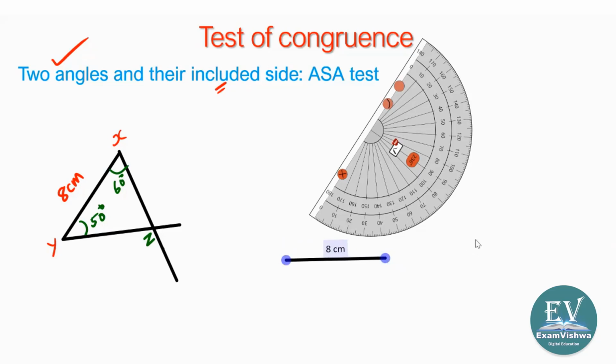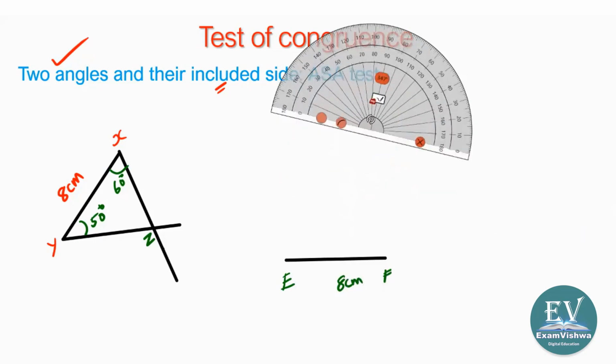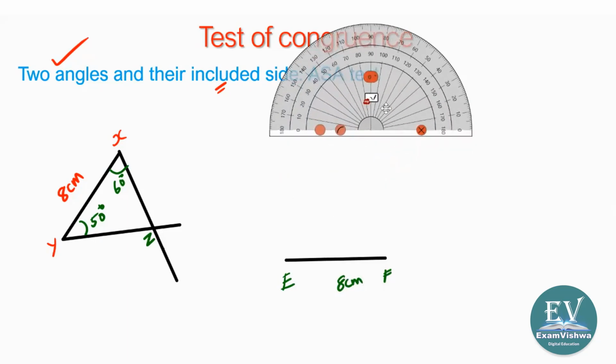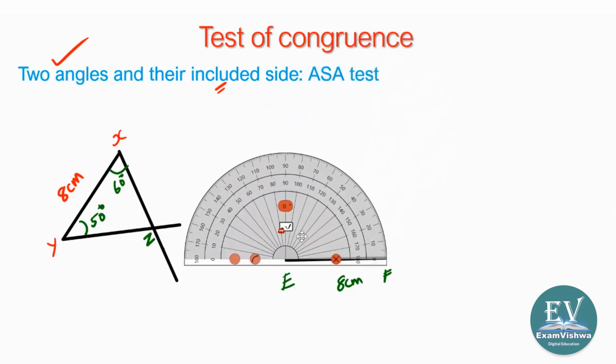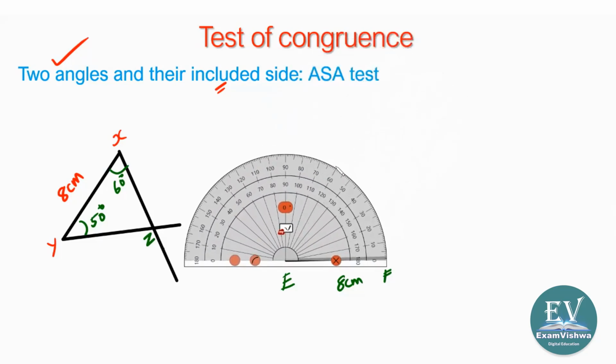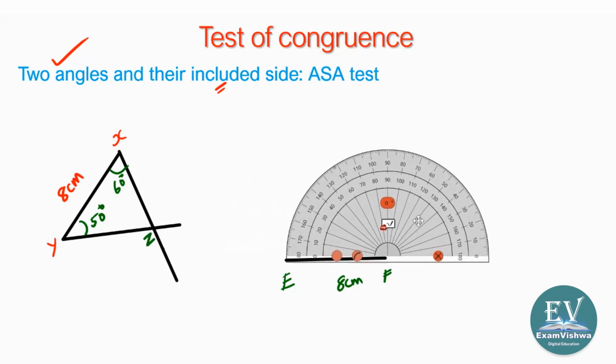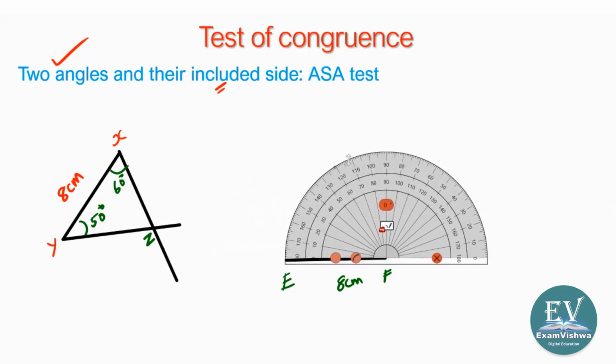Okay, and I am naming this as EF, 8 centimeter, and using this protractor I am trying to mark a 60 degree here, approximately. Slight difference can be there, very slight, and here it is 50 degree for the other side.